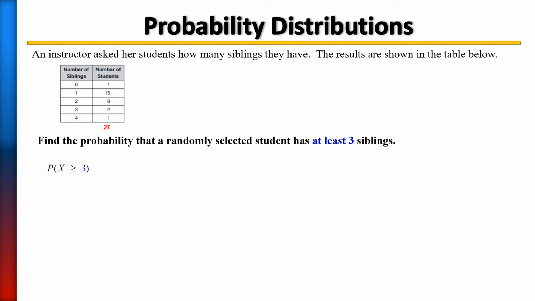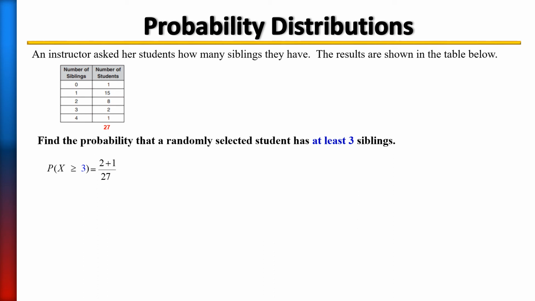Now if this chart were to go on, it would certainly include those who have greater numbers, but sticking to our chart here, the number that's associated with 3 would be 2, and then the number that's associated with 4 would be 1. So to get the probability that a randomly selected student has at least 3, you would add the 2 plus the 1, over your total surveyed, which is 27.